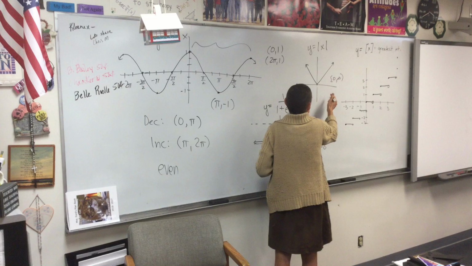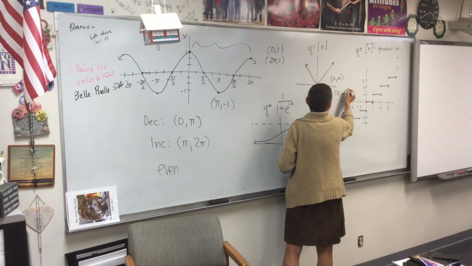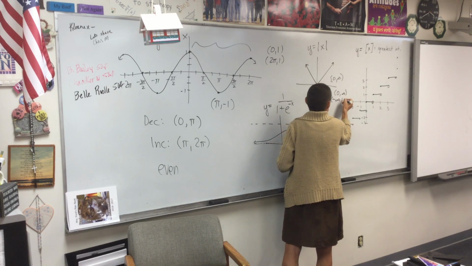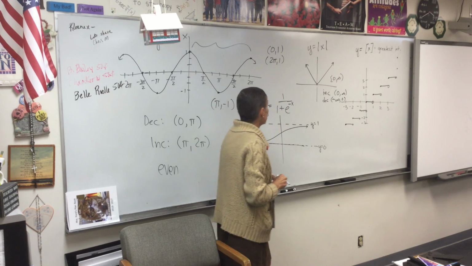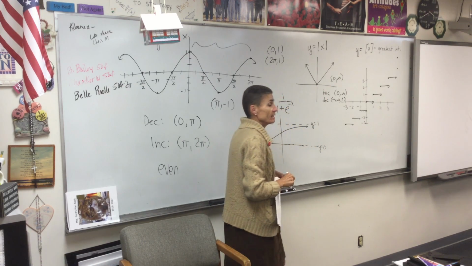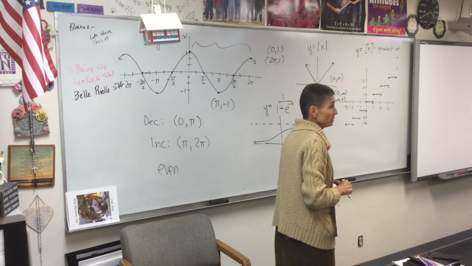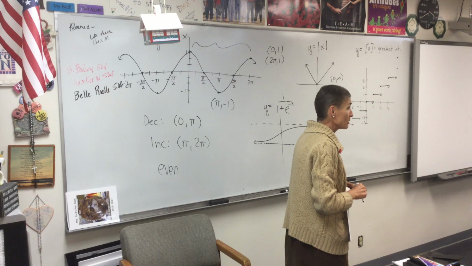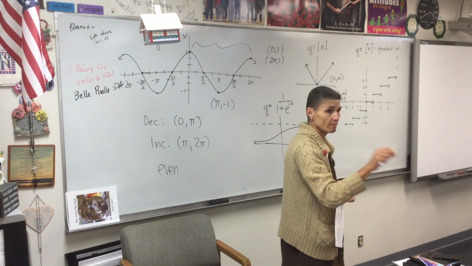Well, it's increasing from 0 to infinity, and it's decreasing from negative infinity to 0. No, because what's happening at 0? Change of direction. It's stopped, it's changing direction. So if you were going to include 0, you'd have to include it in both places. And then you say, how can you be increasing and decreasing at the same time? You can't, you're stopped.